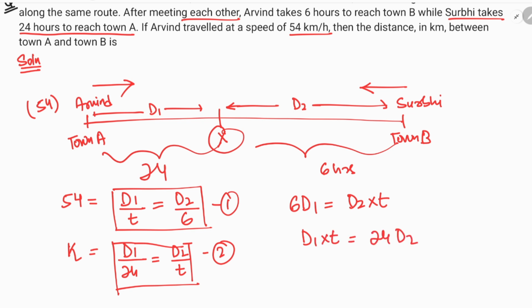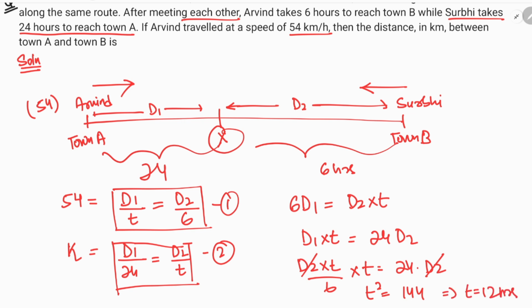Now let's take the value of D1 as D2 into T by 6. So D2 into T by 6 into T is equal to 24 into D2. D2 and D2 get cancelled, and I have T square equal to 24 into 6, which is equal to 144. So the value of T is equal to 12 hours.